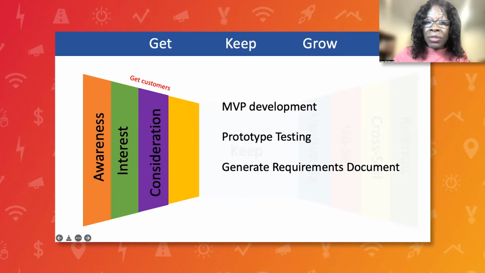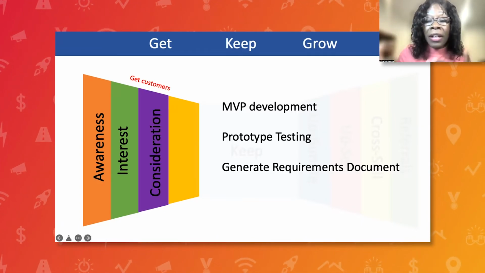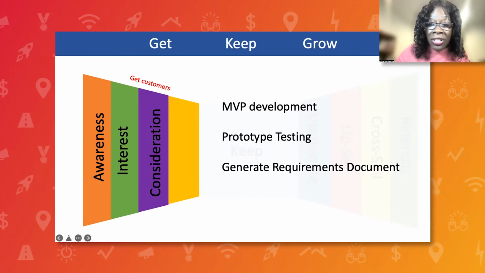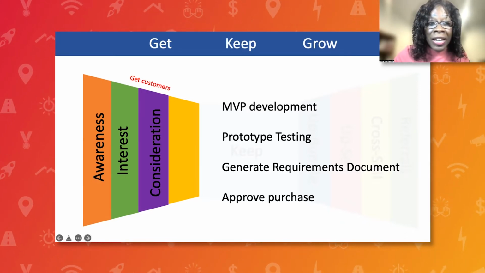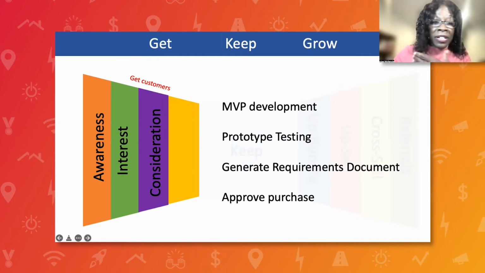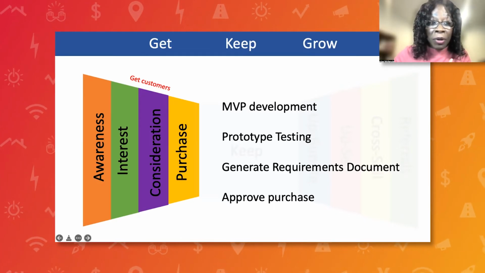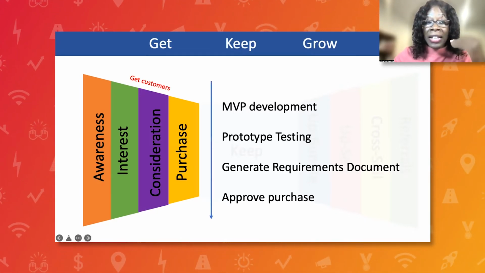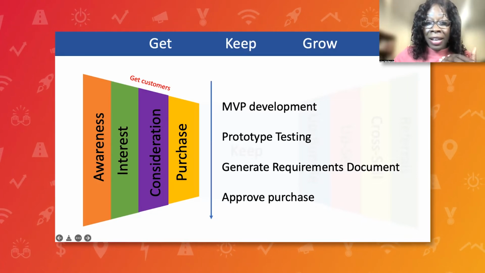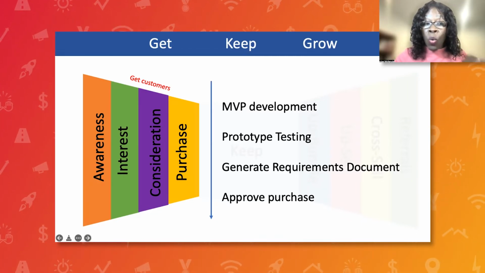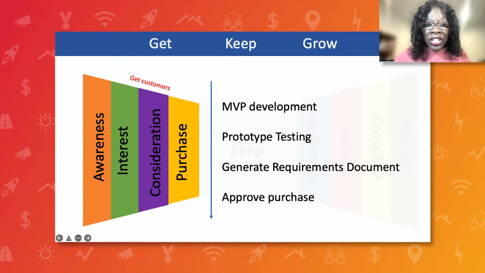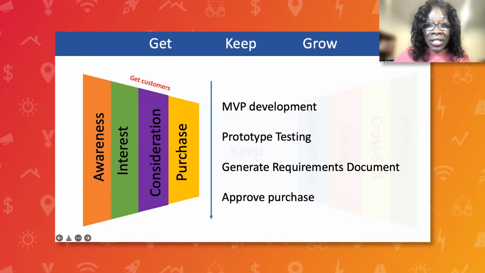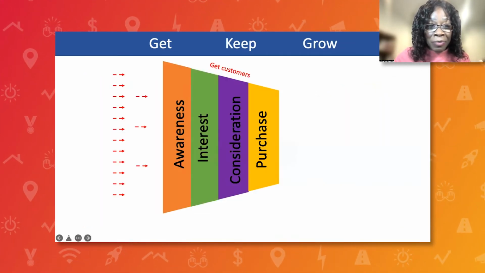And then they may actually start considering adopting new technology. And then what you're hoping is that, if it's a company, they'll approve a purchase. And this is kind of the process. You're starting out with awareness, interest, consideration, and purchase.